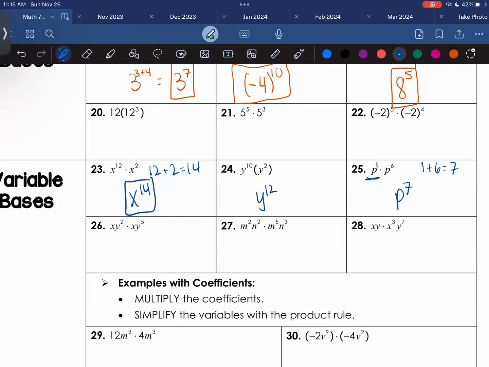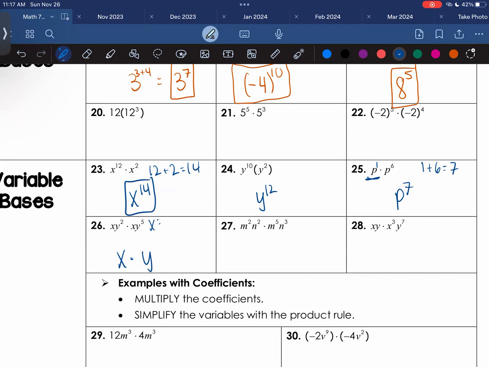All right, number 26. This one's a little bit trickier because you need to do the variables separately here. It says x times y squared times x times y to the power of 5. So let's do our base of x times our base of y. So for x, what are our exponents that we're adding?